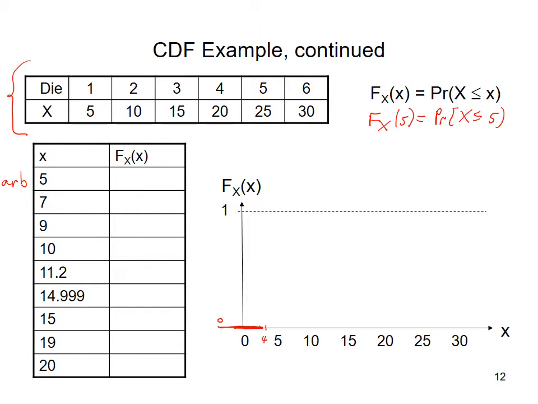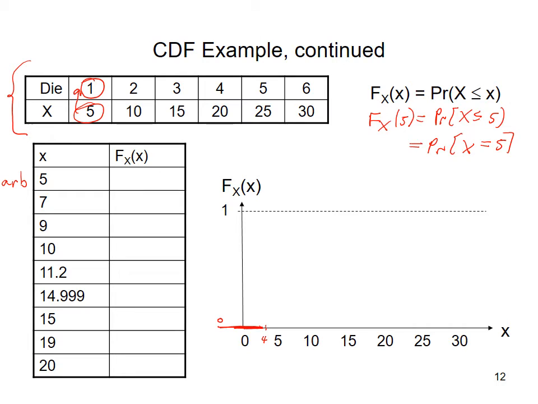So I look at the table and I see that x is less than or equal to 5 only when x is equal to 5. So I can say it's the same thing as the probability of x being equal to 5, because we notice that x is never less than 5. And the probability that x equals 5, remember we said we back up and find the probability for the underlying experiment.